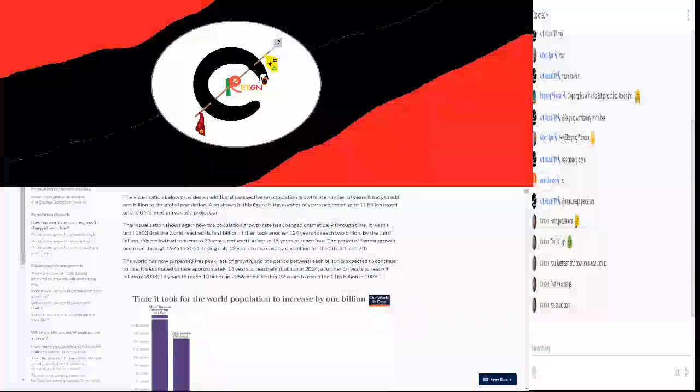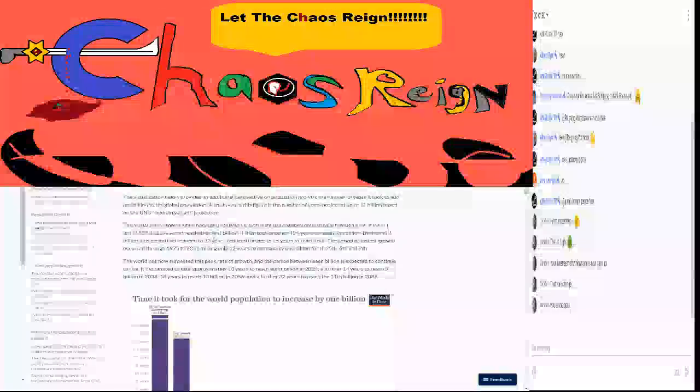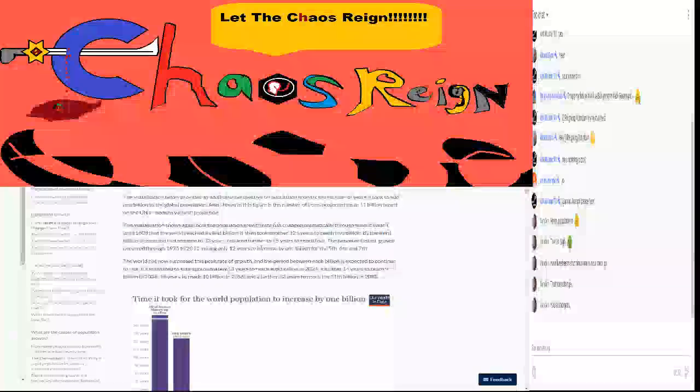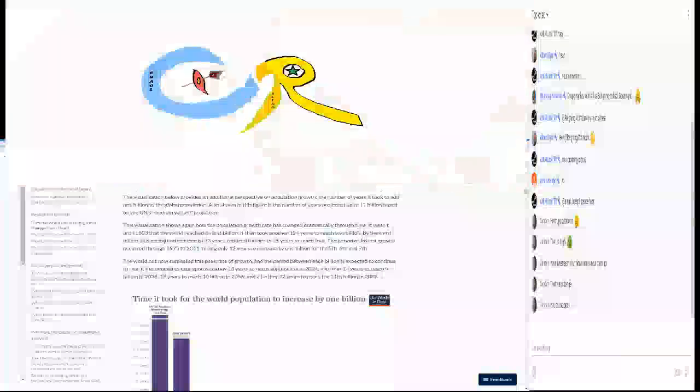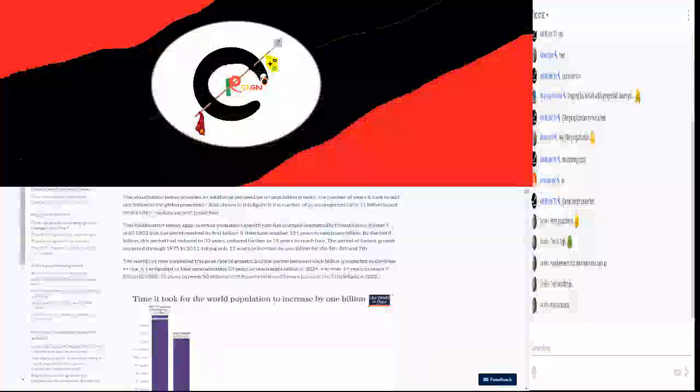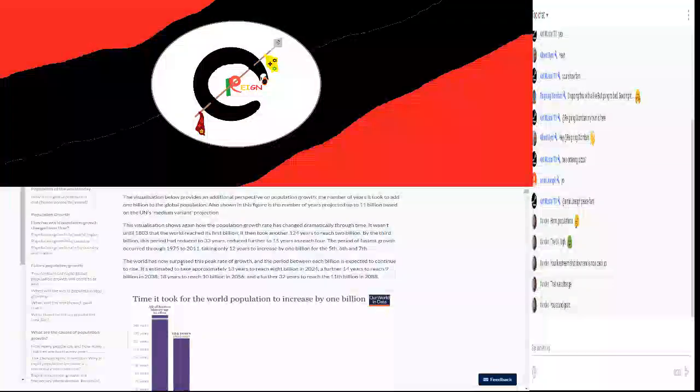This visualization shows again how the population growth rate has changed dramatically through time. It wasn't until 1803 that the world reached its first billion. It then took another 124 years to reach 2 billion. By the third billion, this period had reduced to 33 years, reducing further to 15 years to reach 4 billion. The period of fastest growth occurred from 1975 to 2011, taking only 12 years to increase by 1 billion.